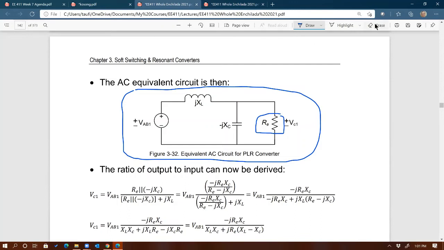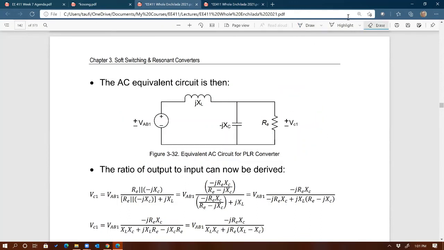Now, our interest is to be able to find the output voltage, and our output voltage is right here. That's our output voltage, which is the same as VC1 right there. So how do you get the output voltage from the circuit? Well, if you have the input voltage right here and the output voltage right there, I could use voltage division. The voltage across the resistor is going to be a fraction of the voltage source.